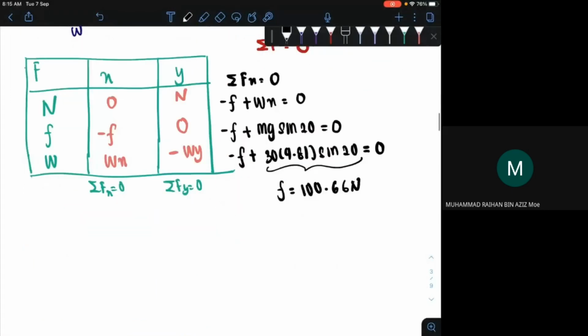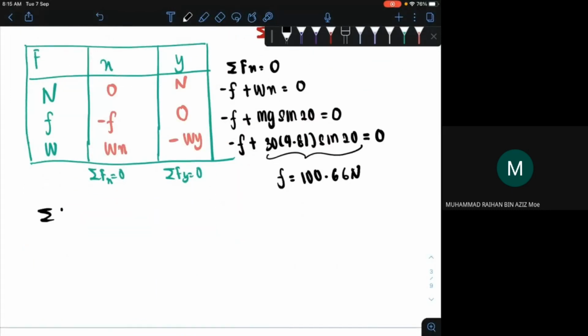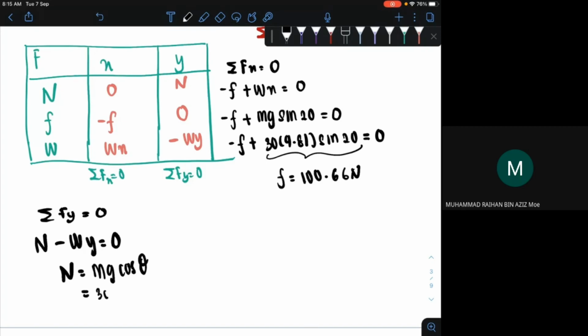Tapi kalau kita guna Y, summation Fy akan sama dengan kosong. Okey, kita ada N campur dengan minus lah, sama dengan kosong. Normal kita akan jadi Wy, iaitu mg cos theta, sebab theta sentuh paksi Y. So 30 darab 9.81 cos 20.